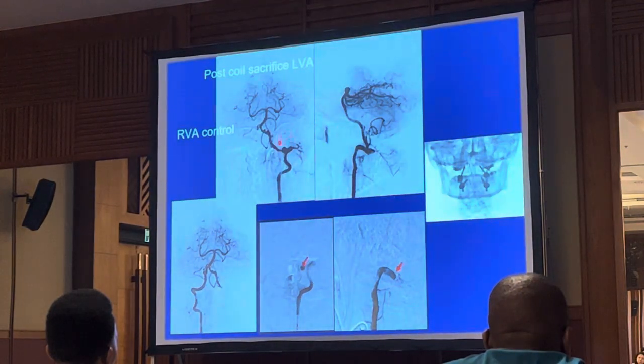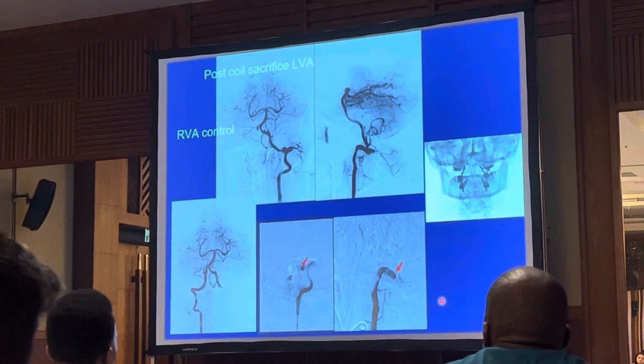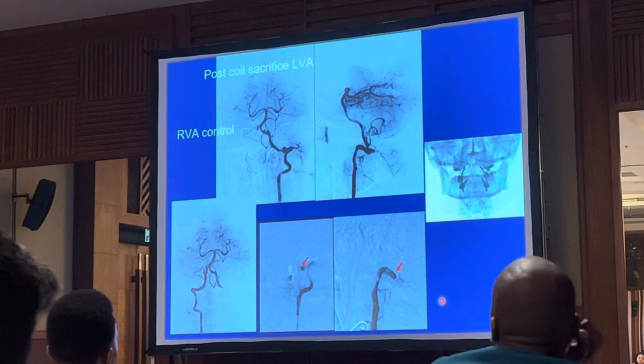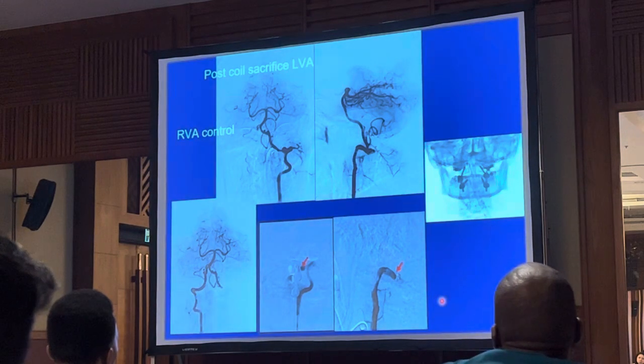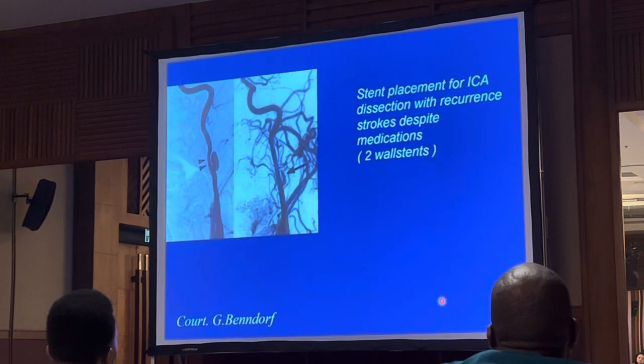For that growing pouch case, we made decision to sacrifice because the bleeding seems endless from the surgical wound of the operation. So checking all the possibility of contralateral, vertebral, and collateral to sacrifice is the easy way.